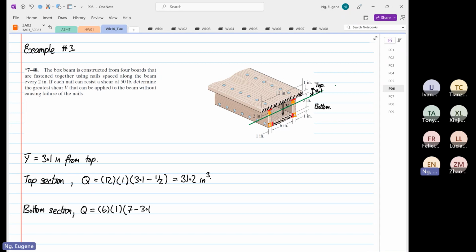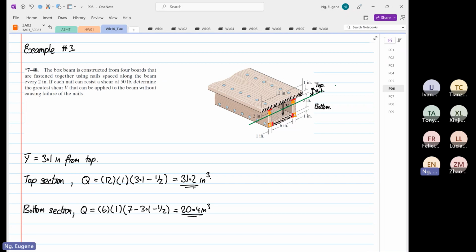And then you do minus 1 divided by 2. So 7 minus 3.1 minus 0.5 times 1 times 6 is equal to 20.4 inch cube. Again, it's calculating the first moment of area.